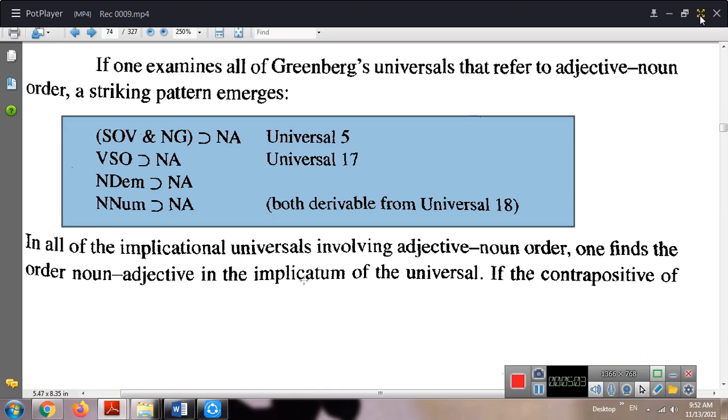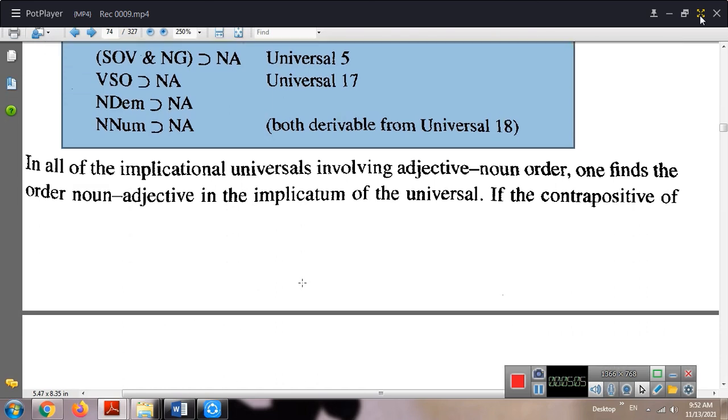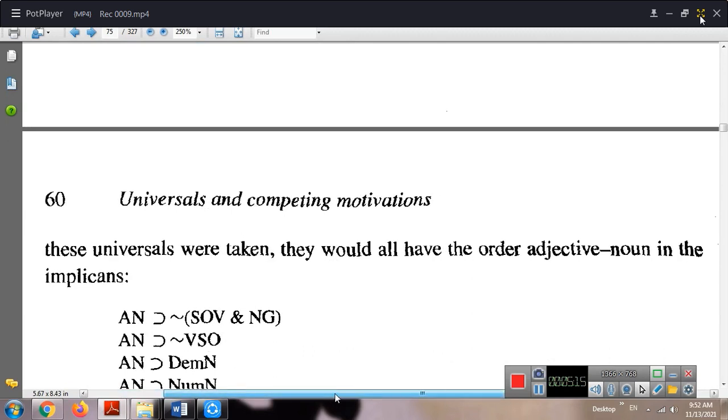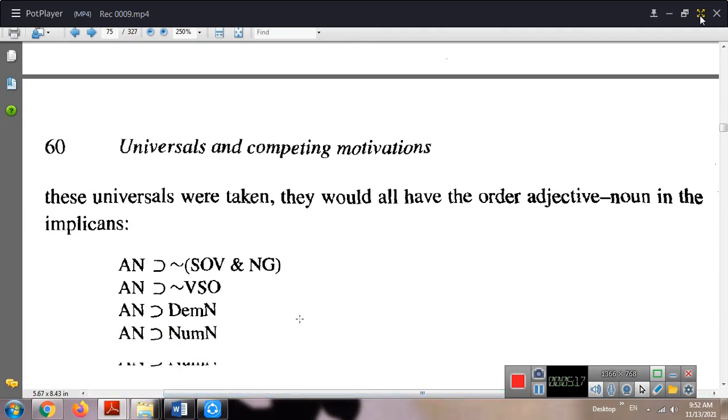If the contrapositive of these universals were taken, they would all have the order adjective-noun in the implicans, like this.